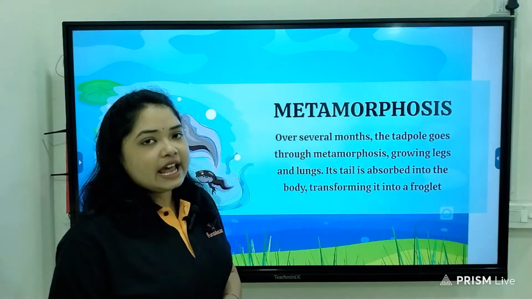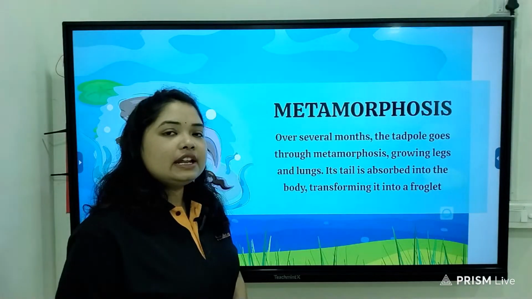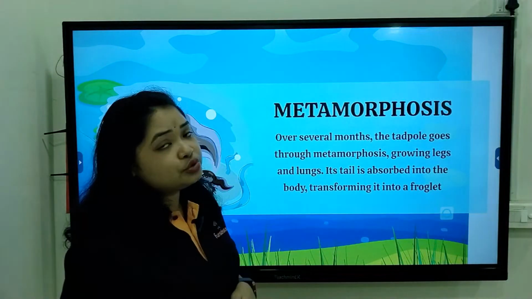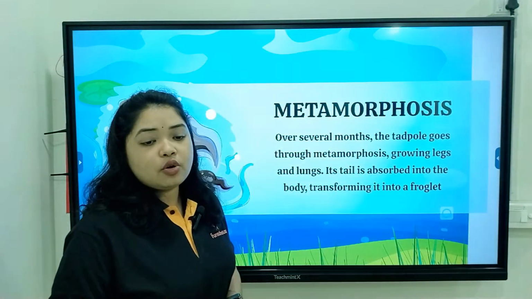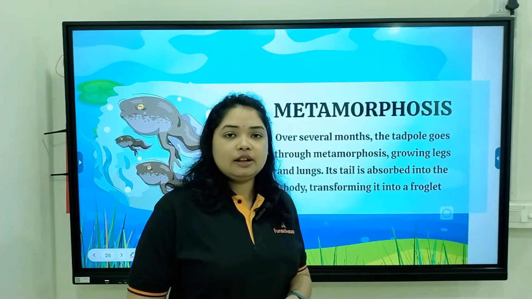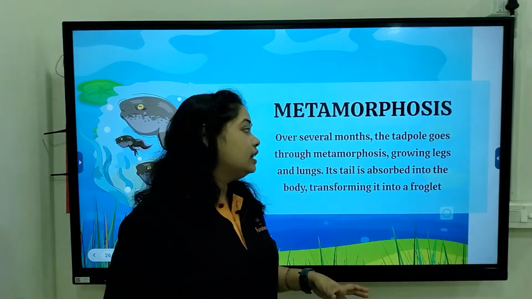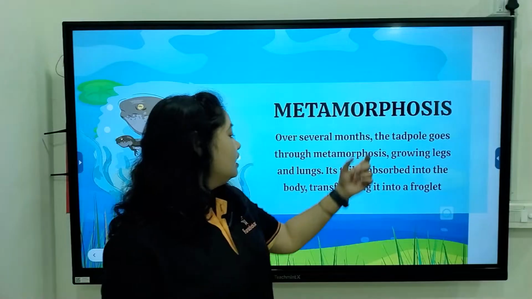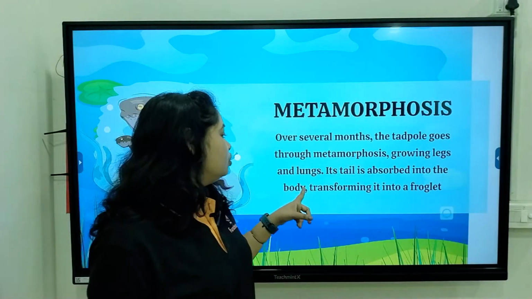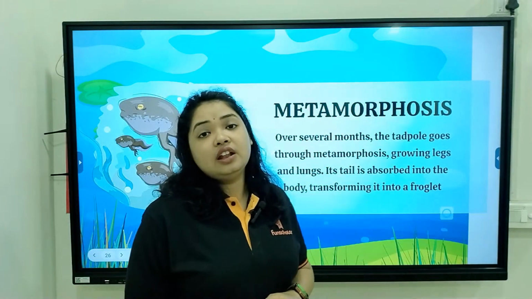On land the tail is of no use, because the tail helps them swim underwater, but on land they need organs which will help them to move. Those organs are the legs, and instead of the gills, those will be replaced by lungs.